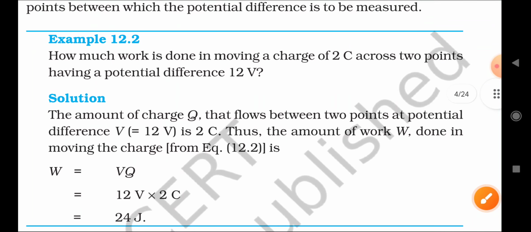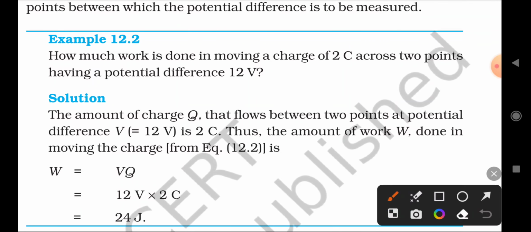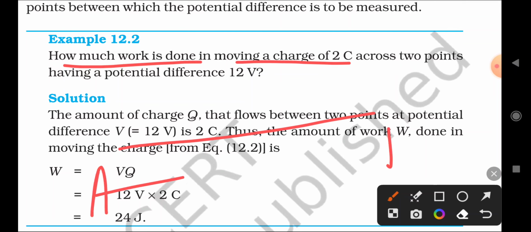Next, a simple problem is given here. How much work is done in moving a charge of 2 coulomb across 2 points having potential difference 12 volt? Okay, there is a wire. Here point A is there, here point B is there. How much charge is moving? 2 coulomb of charge is moving, and the potential difference between A and B is 12 volt.